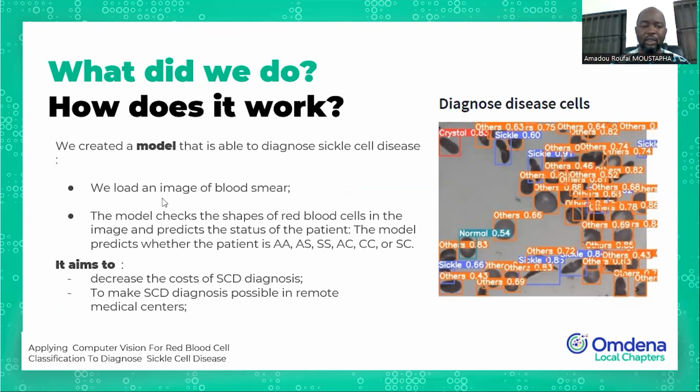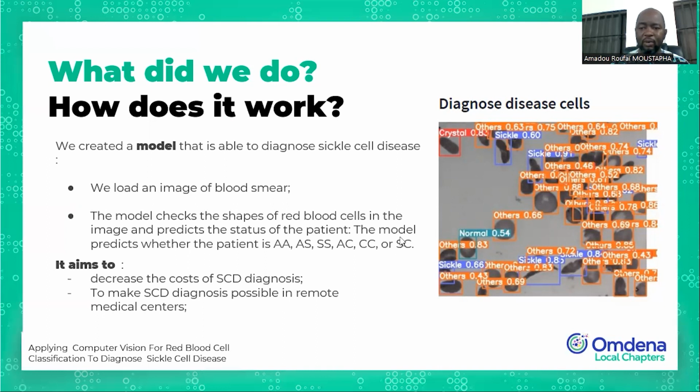We give this image to our model, and our model looks at the image, identifies the red blood cells, and classifies the red blood cells according to their shapes. After doing the detection and the classification, our model is able to conclude the sickle cell status of the patient.